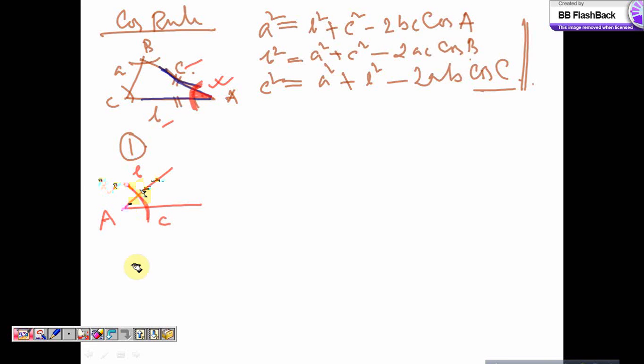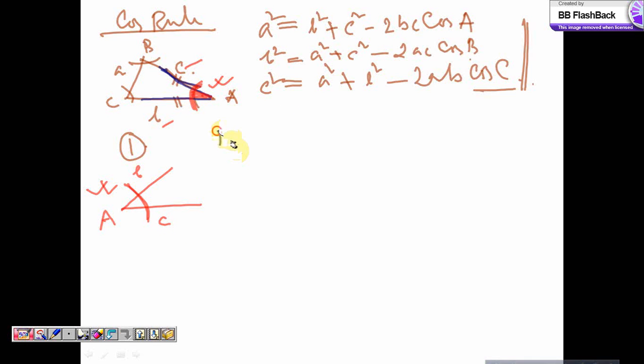Alright, so in a situation where they have given you the included angle and two sides, it is a very clear indication that you have to use the cos rule.